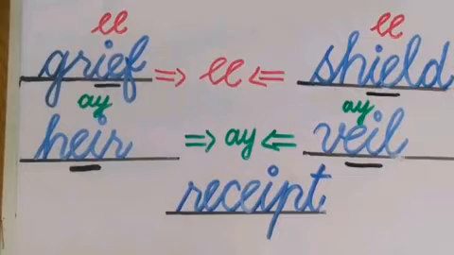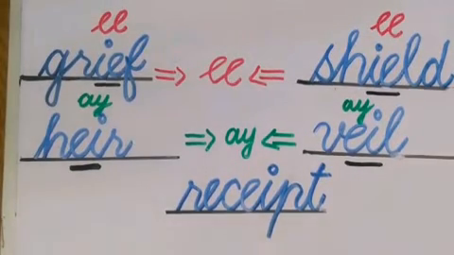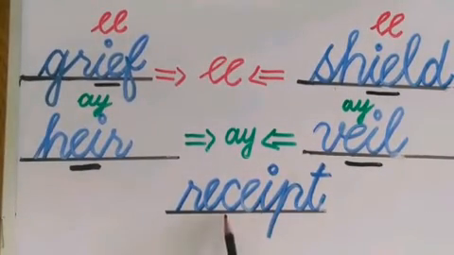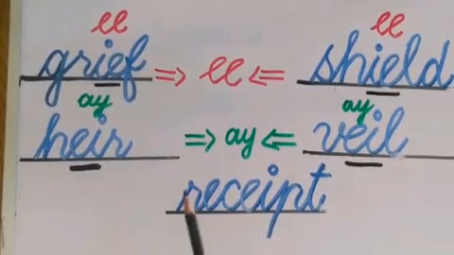Now look at the last example, this is receipt. Here we have another thing, except after C. That means if we have C before EI, the sound will be changed.